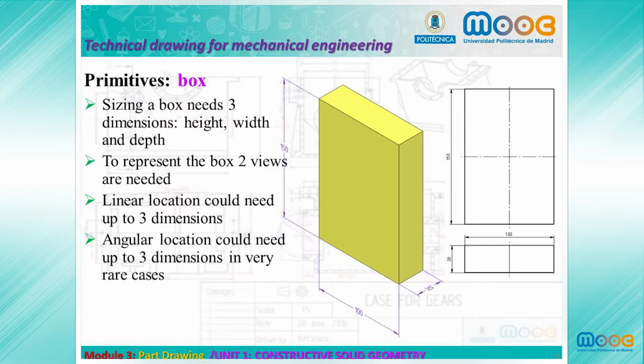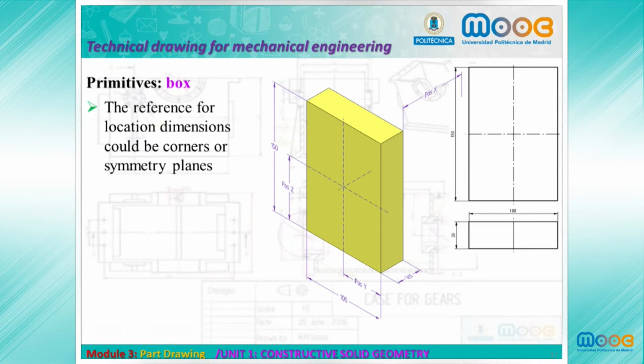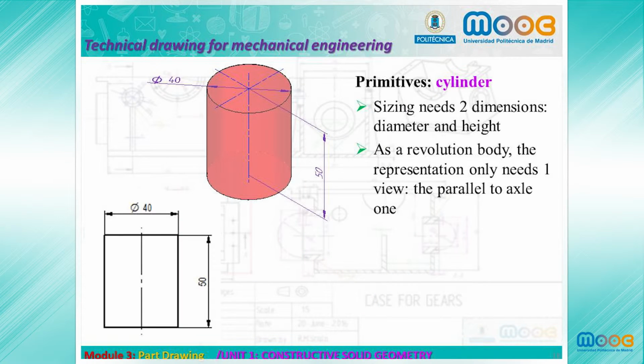Linear location could need up to 3 dimensions. An angular location could need up to 3 dimensions, but this is a very rare case. The reference for location dimensions could be corners or symmetry planes of the box, depending on the configuration of the part.